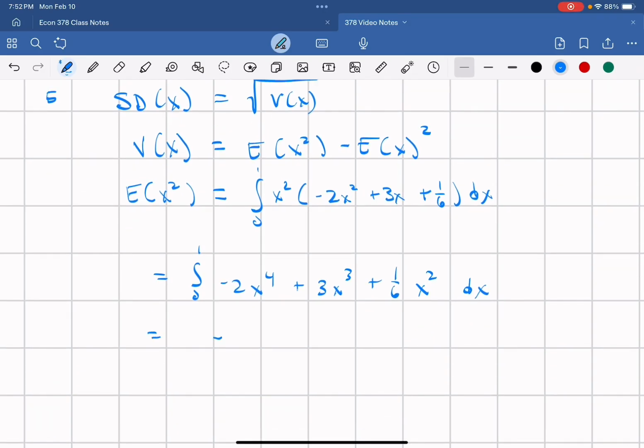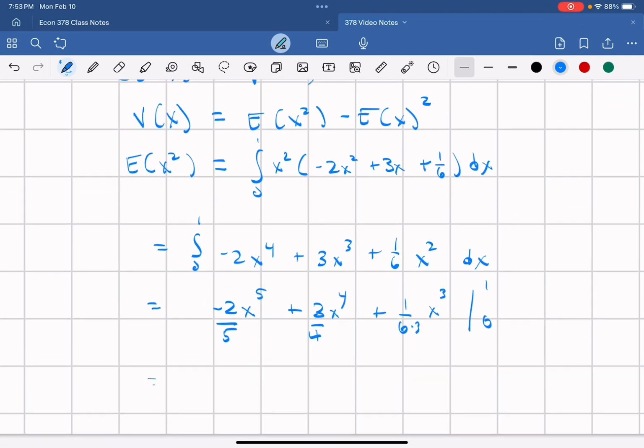And so now we'll get negative 2x to the 5th over 5 plus 3x to the 4th over 4 plus 1/6 x cubed over 3, evaluated from 0 to 1. And so this will equal negative 2/5 plus 3/4 plus 1/18. And that is the variance of x.